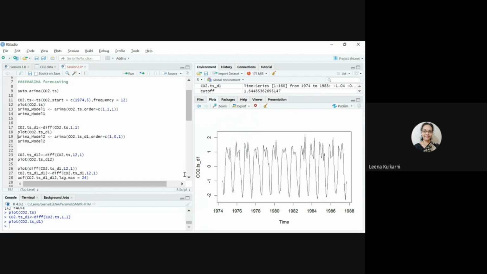So this is an indication that the seasonality present in the data is not removed by this first order differencing. And to remove the seasonality from the data, we may have to go ahead with the seasonal differencing also.